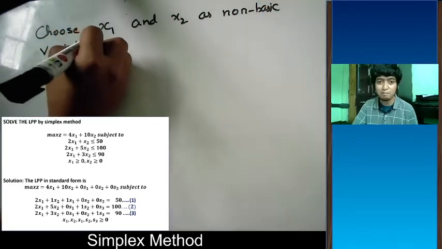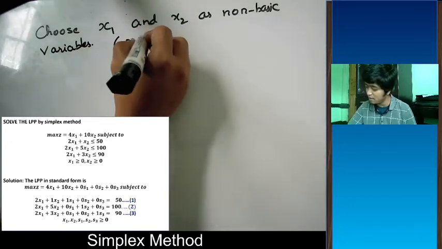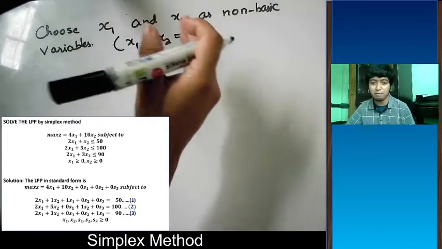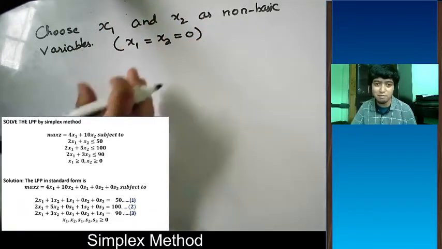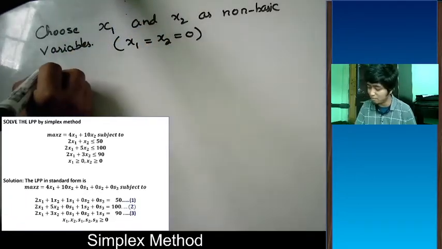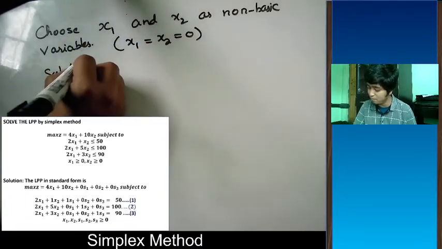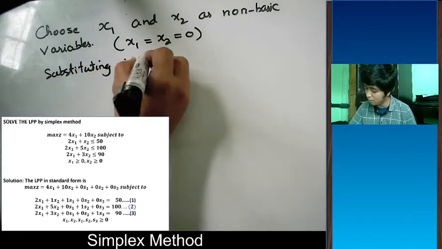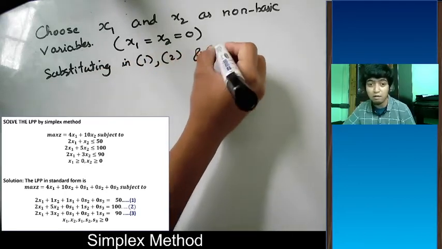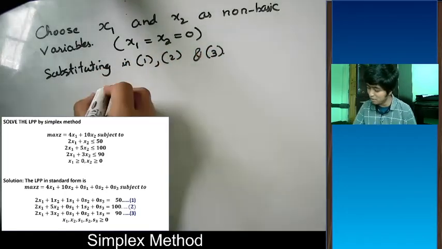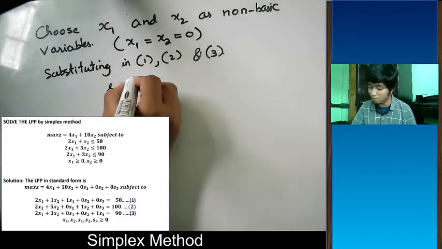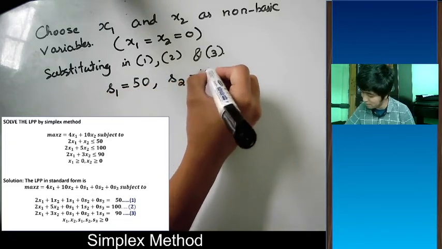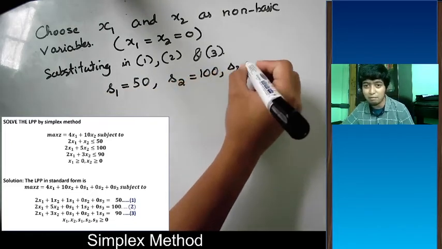If you choose them as non-basic variables, their values will be equal to 0 initially. Now that we have x1 and x2, just substitute them in equations 1, 2, and 3. Substituting, we get s1 equal to 50, s2 equal to 100, and s3 equal to 90.